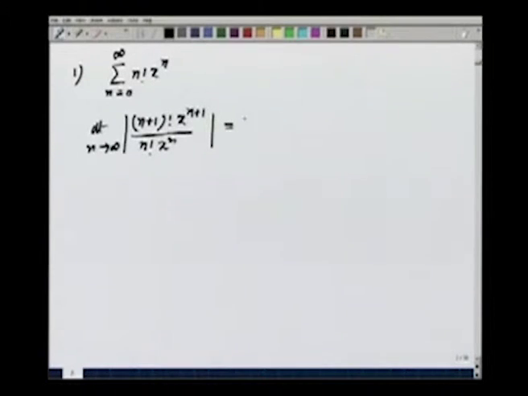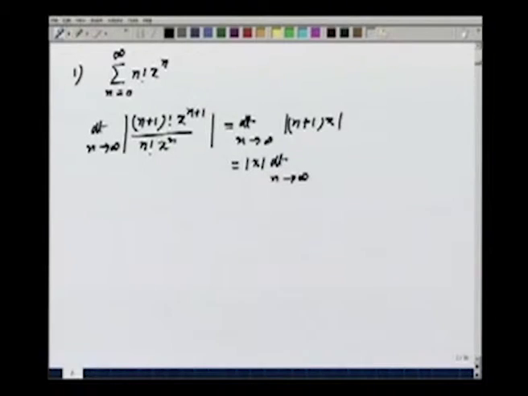Then what I get is limit n going to infinity of modulus of (n+1) times x. Notice my x is fixed, so it can be taken out of the limit. So it is mod x times limit n going to infinity of n+1.